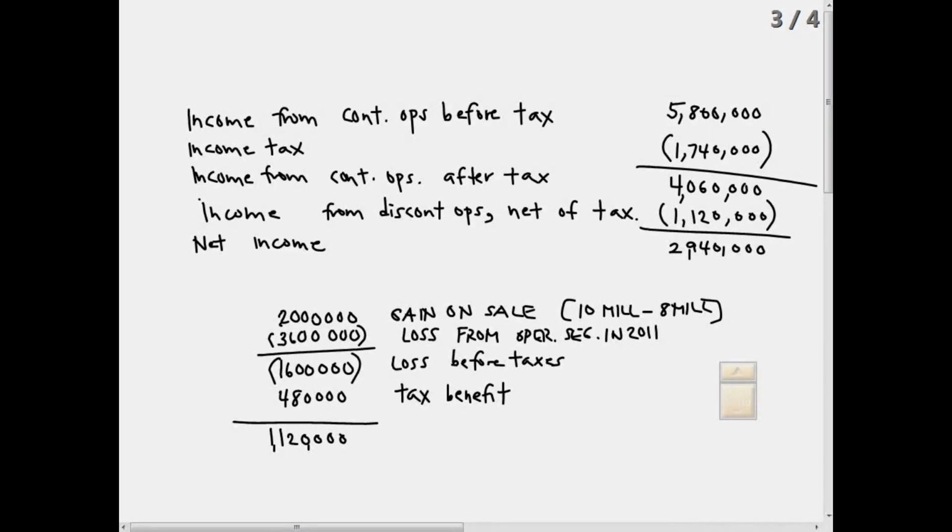Okay, so does everyone understand why we need to put this discontinued stuff at the end? Why we don't want to have this $3.6 million attached or in the same bucket as the $5.8 million? Both of those are, we ran the business this year, and both are income from running our business.